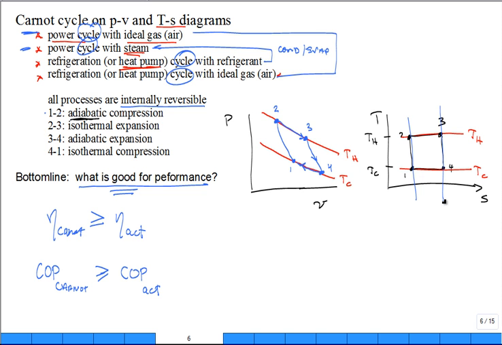Okay. Let's sketch a TS diagram and a PV diagram for a power cycle using steam. Pressure, volume, temperature, entropy using steam. Well, we said that's when you have condensation and evaporation. You have to put it under the dome.